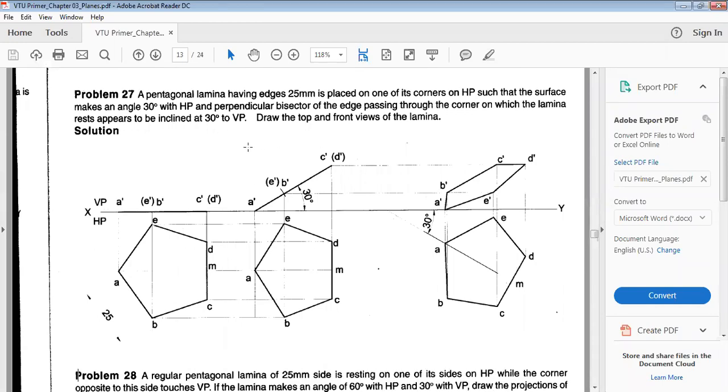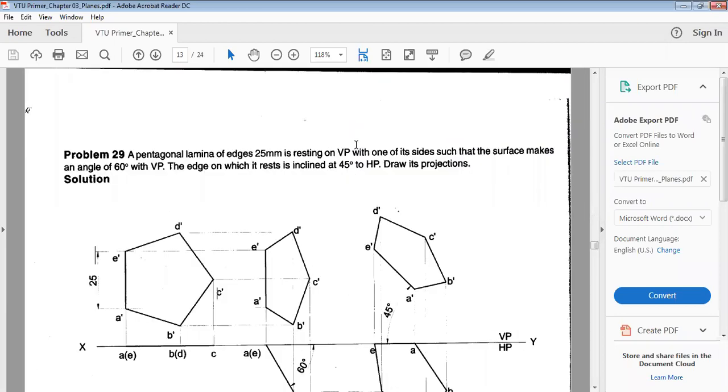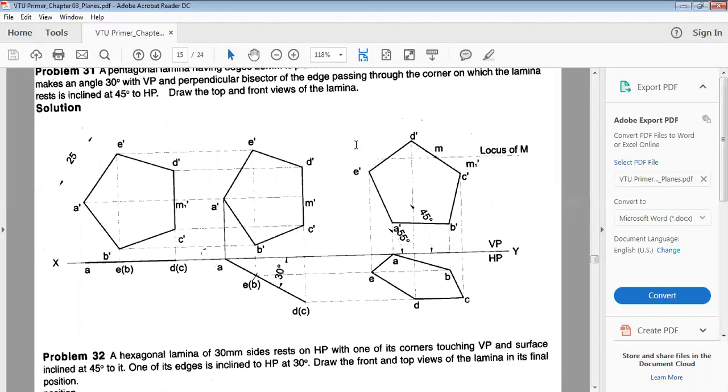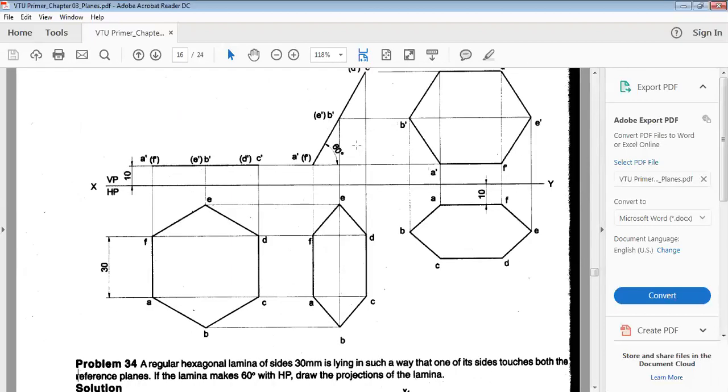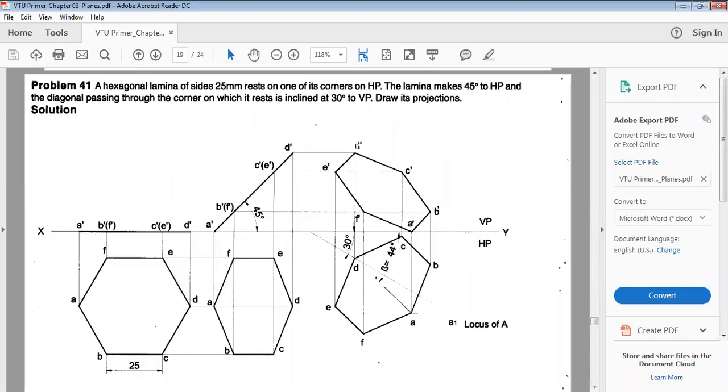Similarly, this also. See, this is also a hexagonal lamina of sides 25 mm resting on one of its corners in HP.